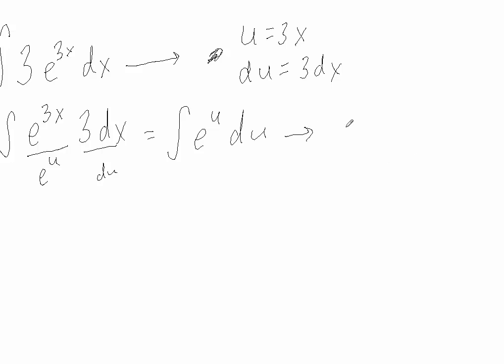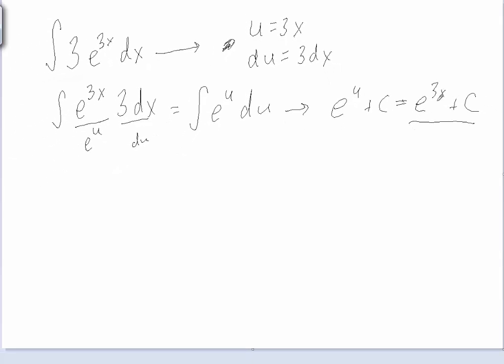And its integral is going to be e to the u plus c, or e to the 3x plus c. And again, we can use the chain rule to make sure that the derivative of this is in fact 3e to the 3x. Using the chain rule, the derivative of e to the 3x is e to the 3x times the derivative of 3x, which is 3.